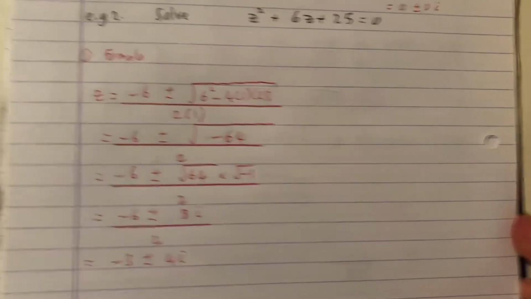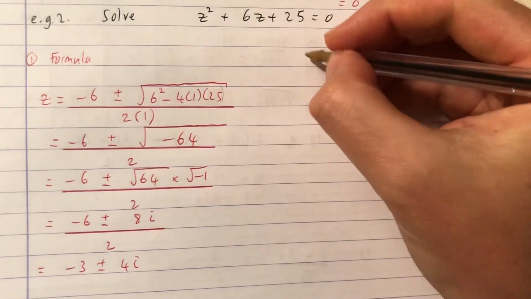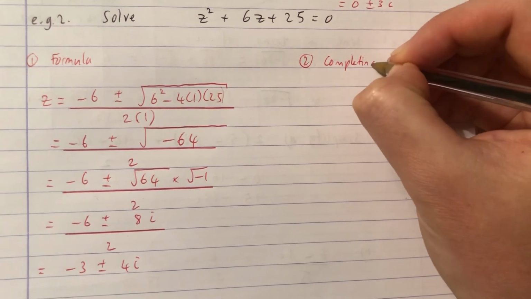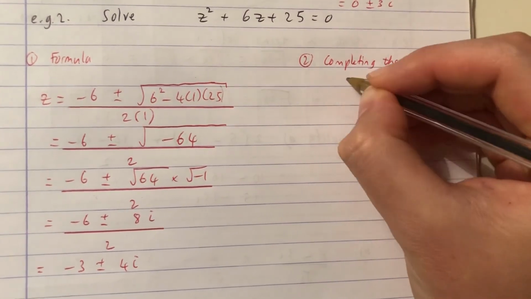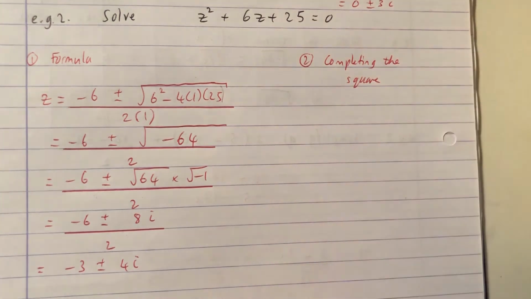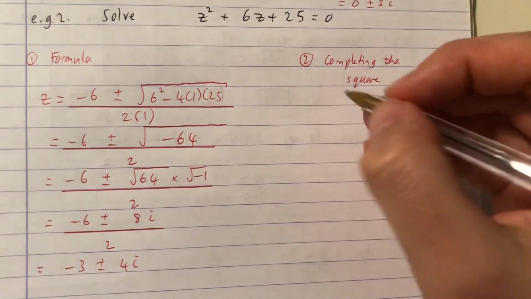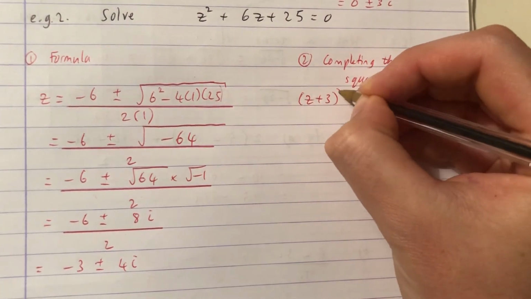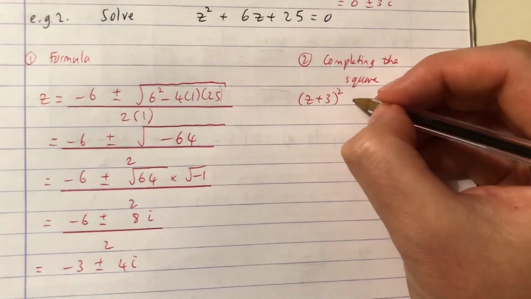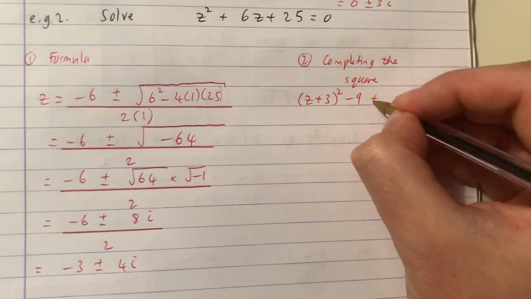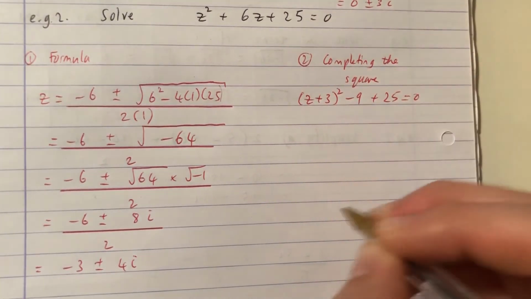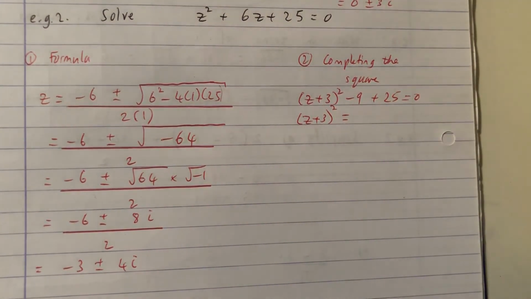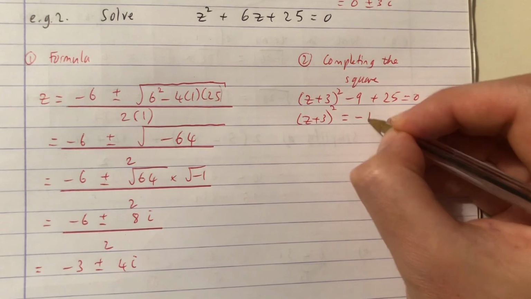Okay, the alternative is using completing the square, the method I would choose. So completing the square, you rewrite the first two terms as z plus 3 squared, but then that would produce an unwanted 9, which you subtract. Then you take the number to the right hand side, so that would be negative 16.